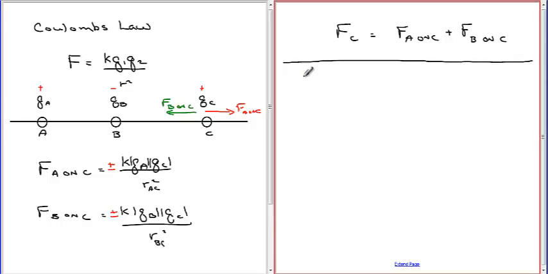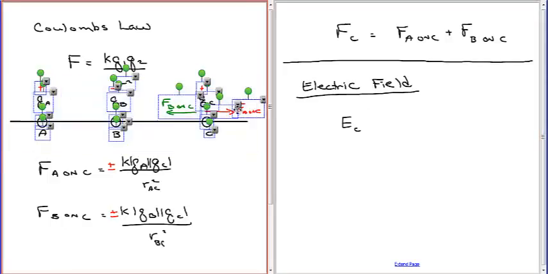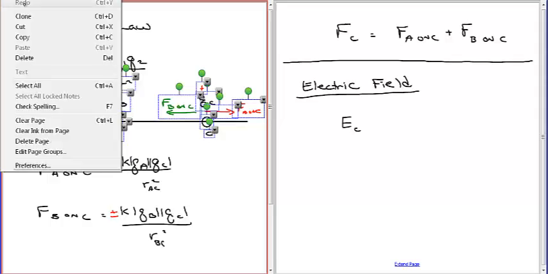Now, let's talk about electric field. So there's two ways of doing this same problem with electric fields. One is, to find the electric field at point C, you would take, let me just copy all this stuff here.